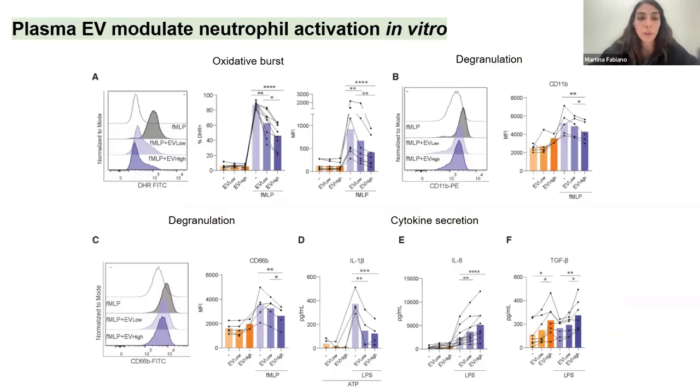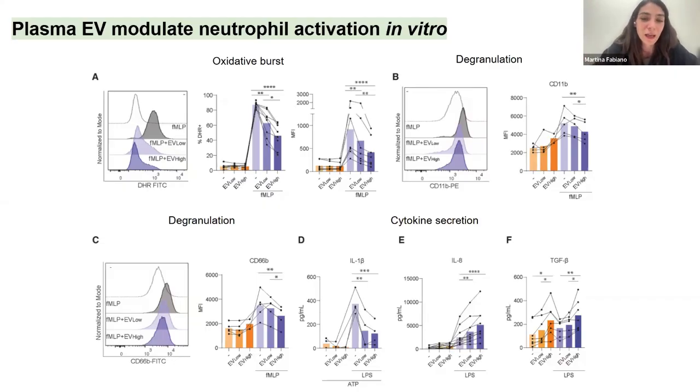First, as you can see in panel A, we evaluated the production of reactive oxygen species by neutrophils using the dihydrorhodamine staining, which is a probe that when it gets oxidized, shines, and you can detect it by flow cytometry.